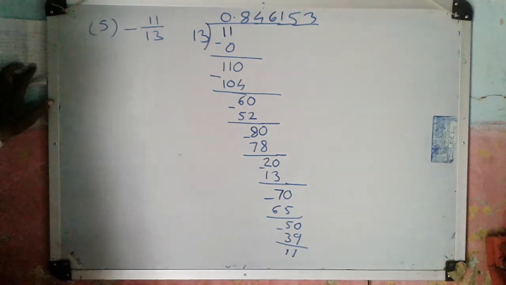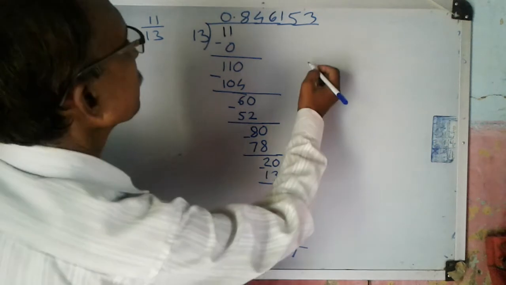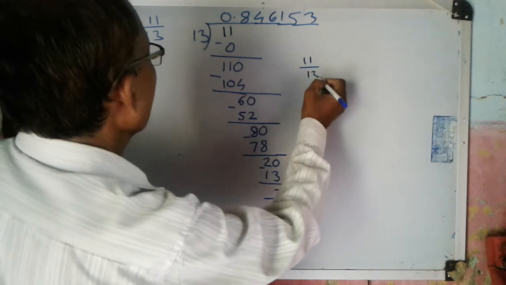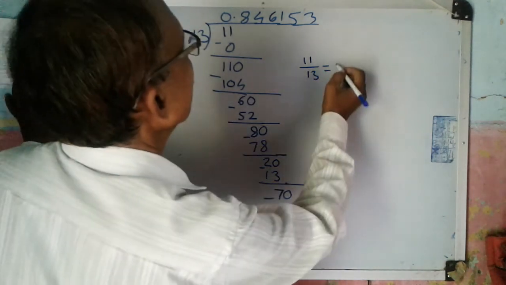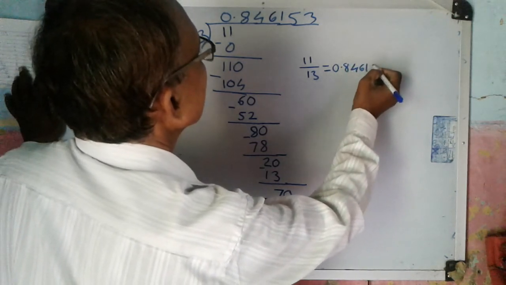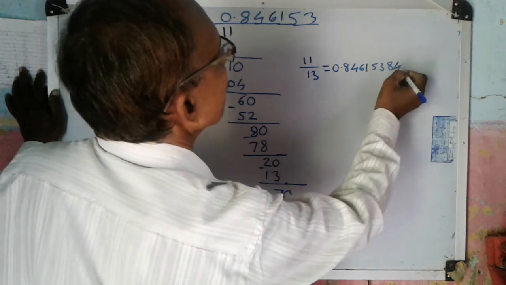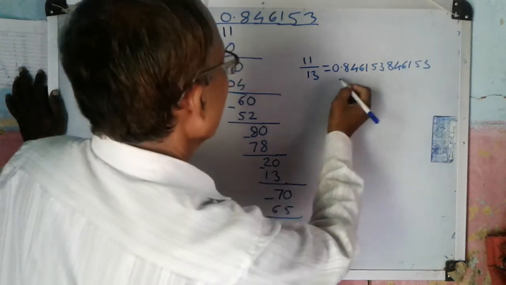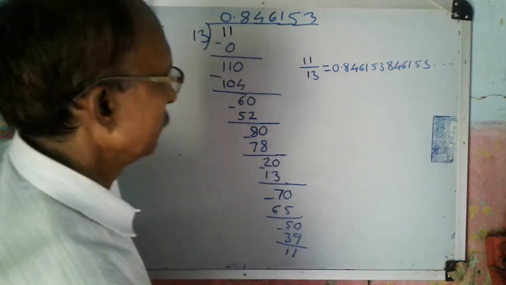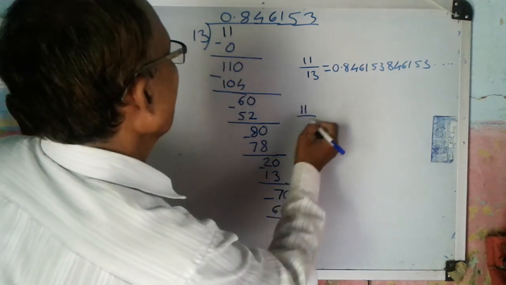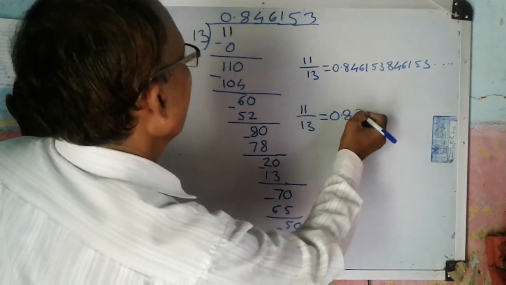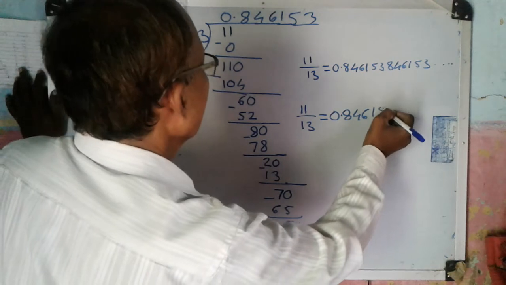So the same group of digits will repeat again and again. Therefore, 11 upon 13 is equal to 0.846153.